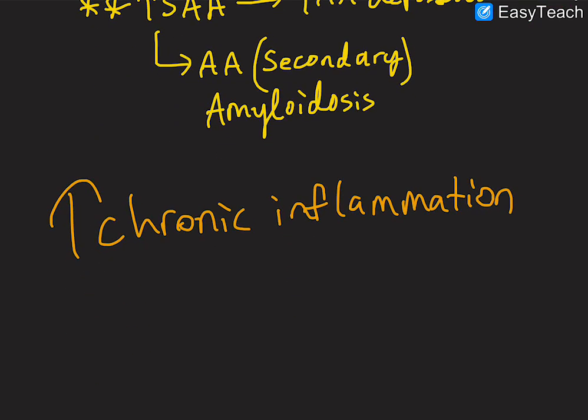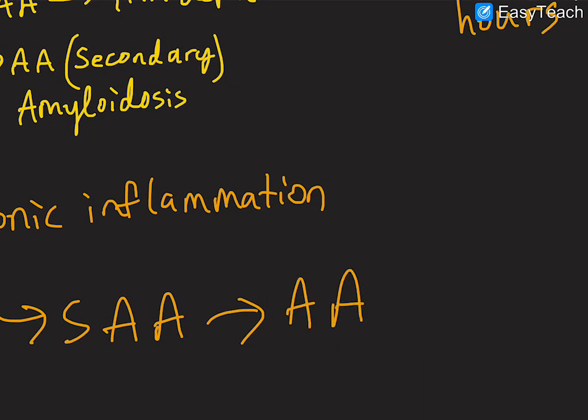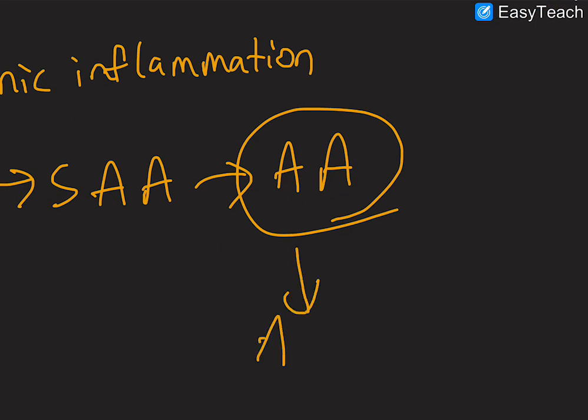So with chronic inflammation, you start to secrete acute phase reactant molecules, one of those being serum amyloid A, or SAA. SAA can actually lead to AA amyloid, so AA can deposit as amyloid fibrils.